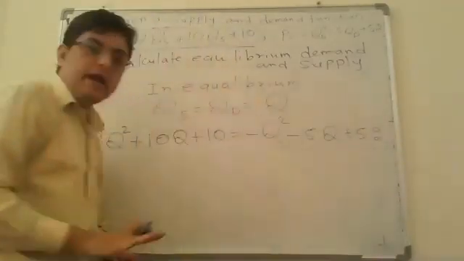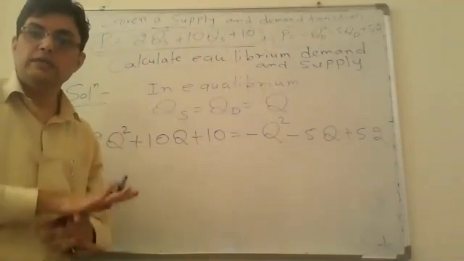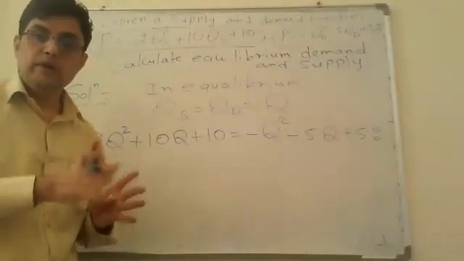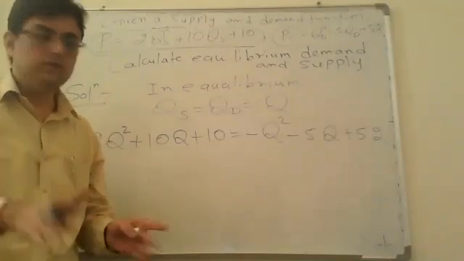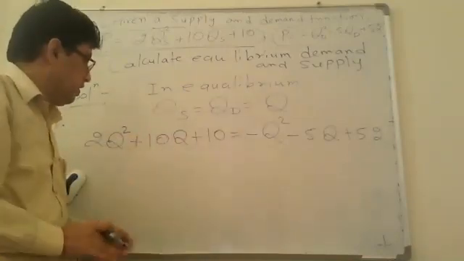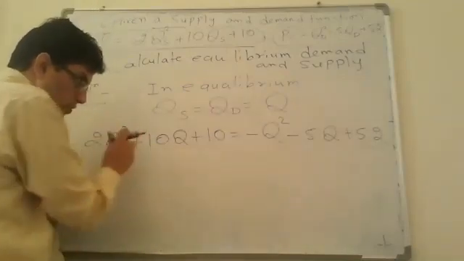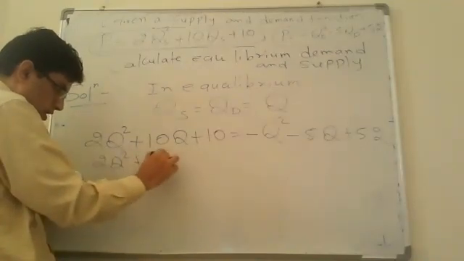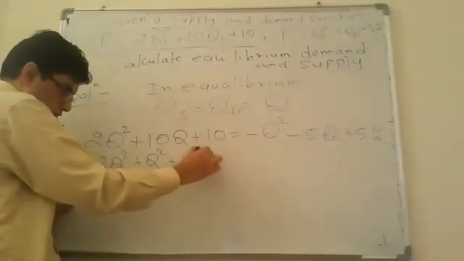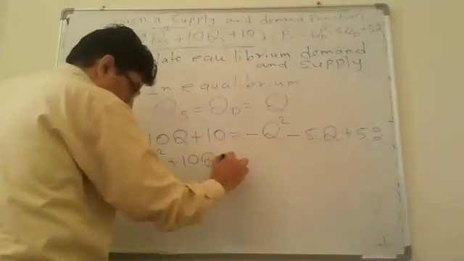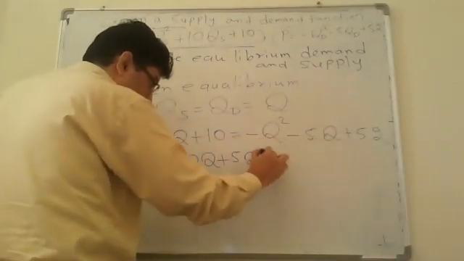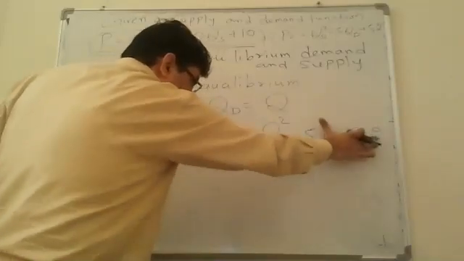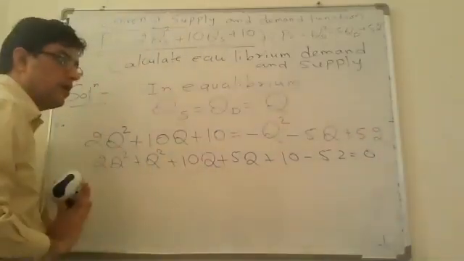Here we write q instead of qs and qd, only q, because in equilibrium qd and qs are the same. Now we move all terms from right to left: plus q square, plus 5q, and minus 52.